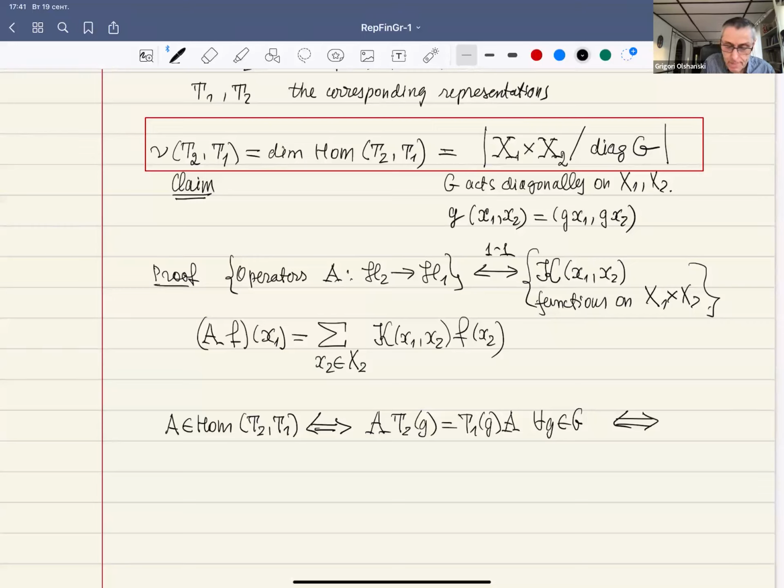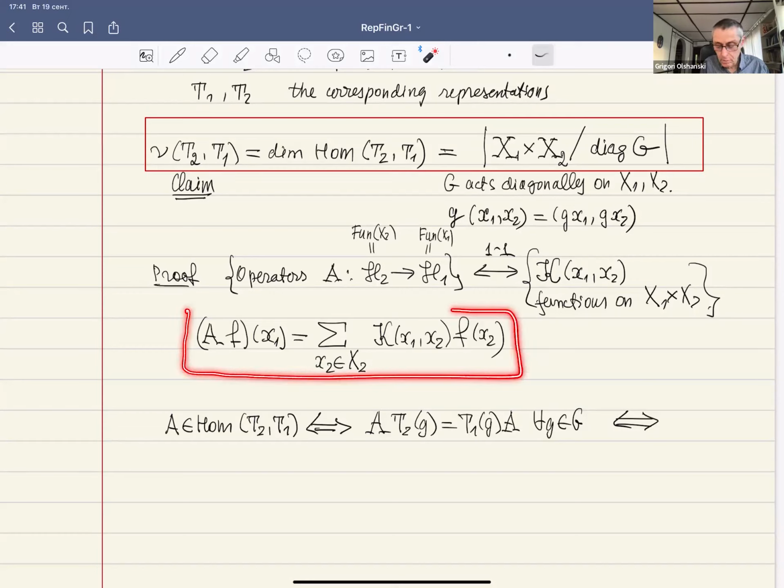Any operator acting from the space of functions on X2 to the space of functions on X1 can be represented in this way.